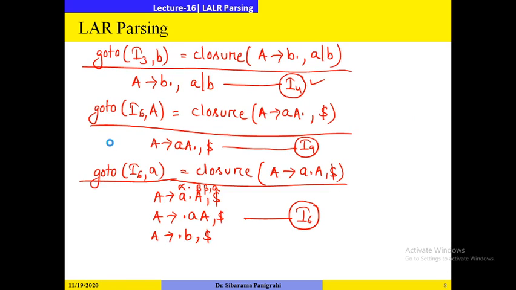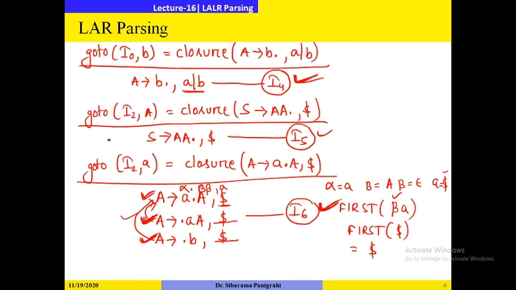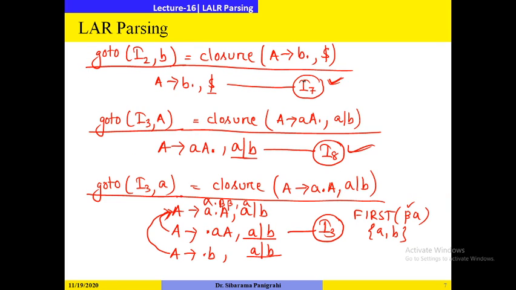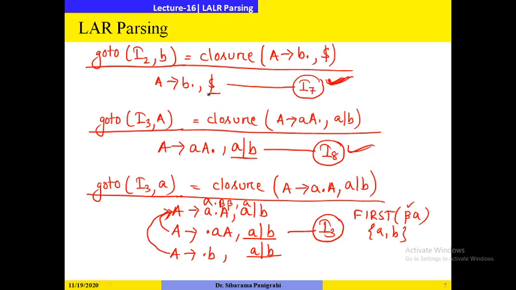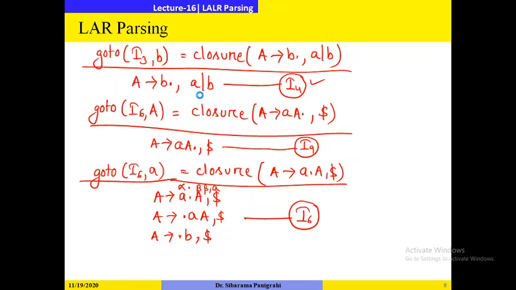Now let us see whether there is any other production whose productions are same but look ahead symbols are different. So you see I4, A gives to B dot. Let us see I7, A gives to B dot. In I4 also you have A gives to B dot, but in I4 the look ahead symbol is A B. In I7 the look ahead symbol is dollar. So in LALR parsing we will merge these two, I4 and I7, to I47.